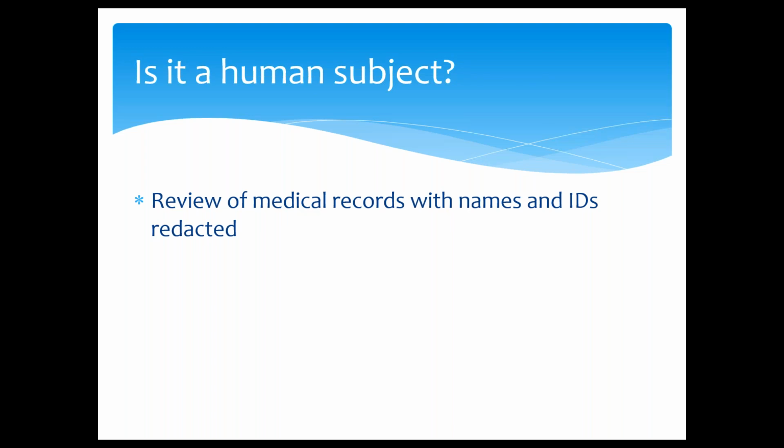It doesn't take much in the way of data points to identify somebody if you have access to the database. And of course, that's one of the issues that the new regulations were trying to address.